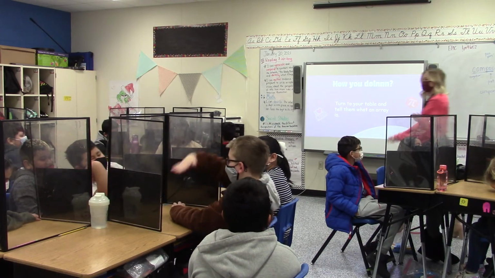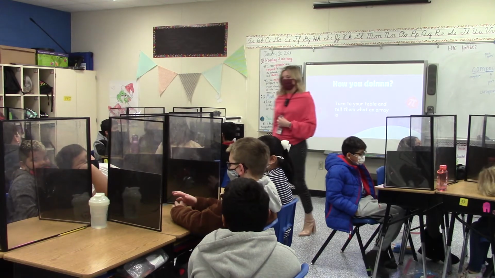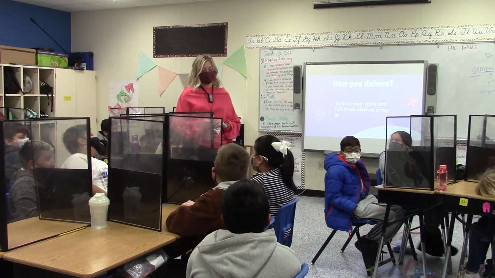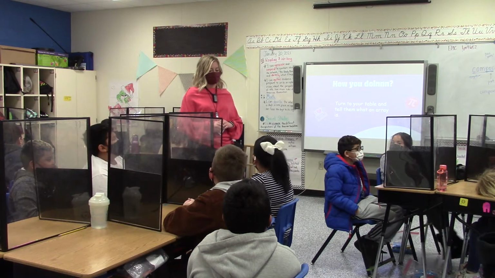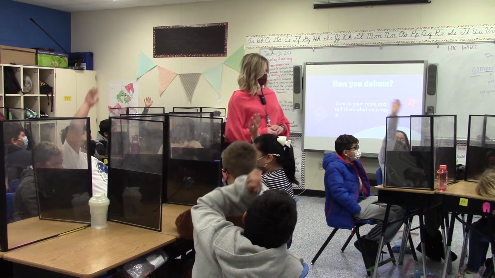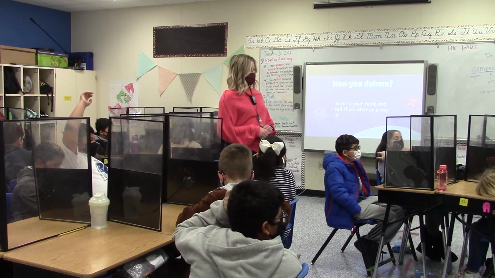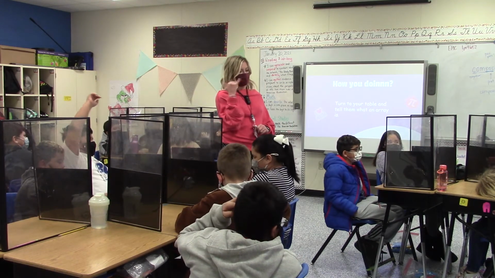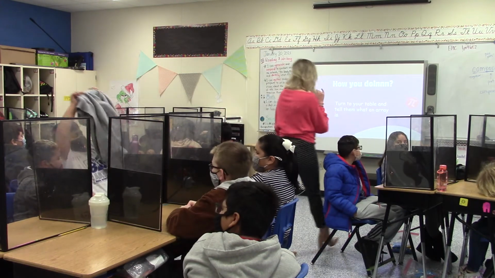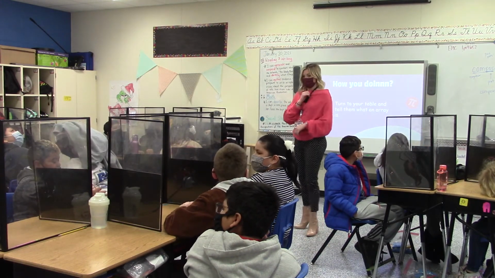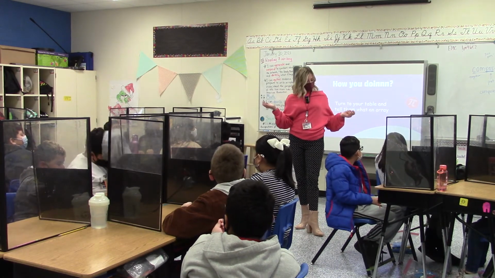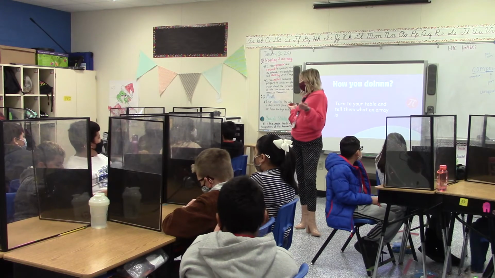All right, 3, 2, 1, 0. Who would like to share what an array is? Genesis. It has rows and columns. Do you guys agree? Yeah. Okay, does anyone else have anything to add? Can we use any object?